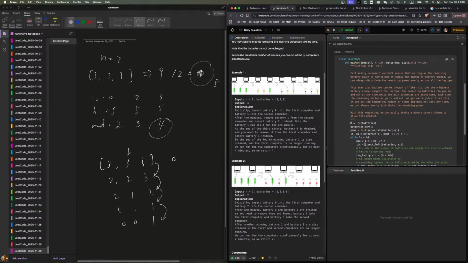Mid is the number of minutes. M minus index is the number of batteries that can supply mid minutes without having to use any help. It's a prefix sum.